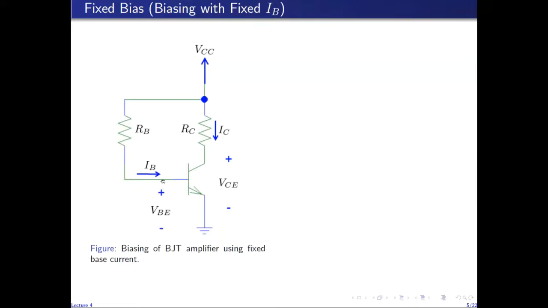So the base is also at an almost fixed voltage. So the voltage across RB is constant, which generates constant base current. That is why it is called biasing with fixed IB.